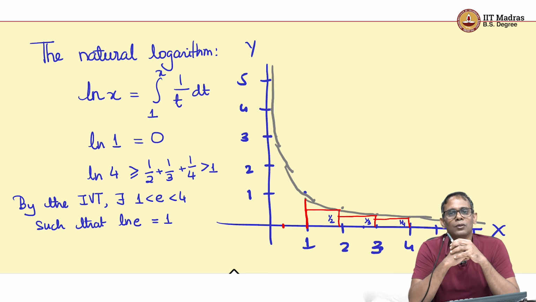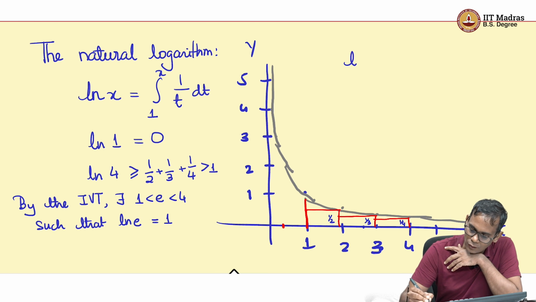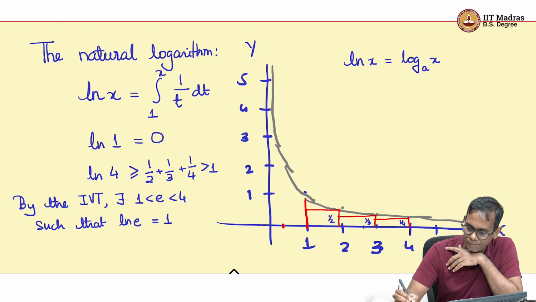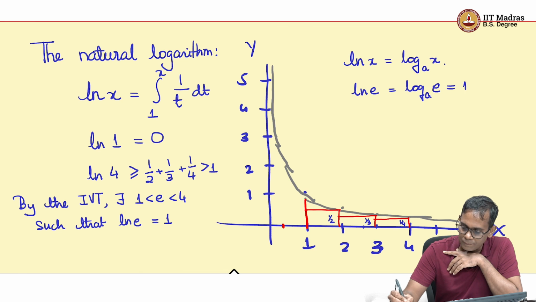So, the question is, to what base is this natural log? Suppose this natural log is log to the base A. Then natural log of E, which is log to the base A of E, is equal to 1.